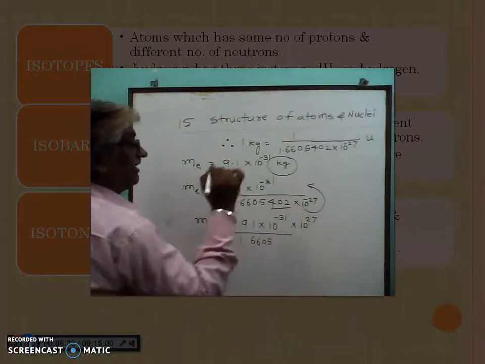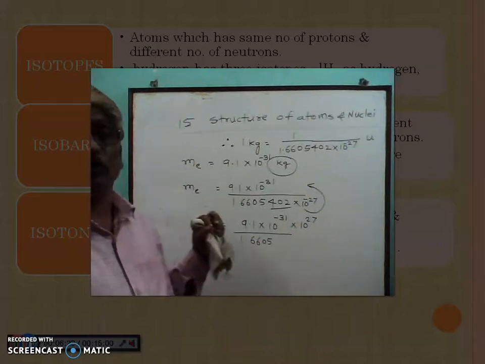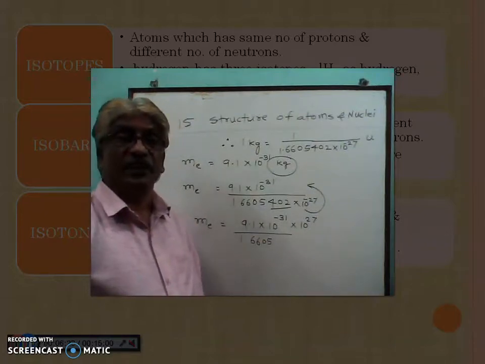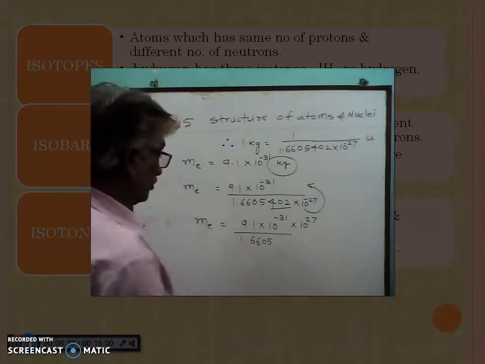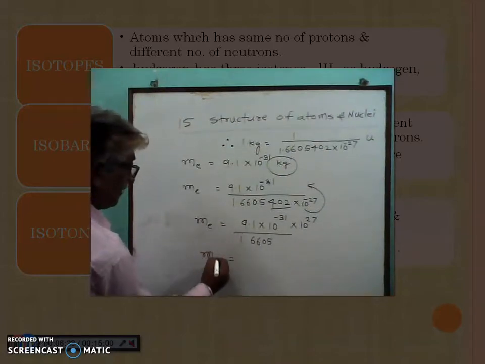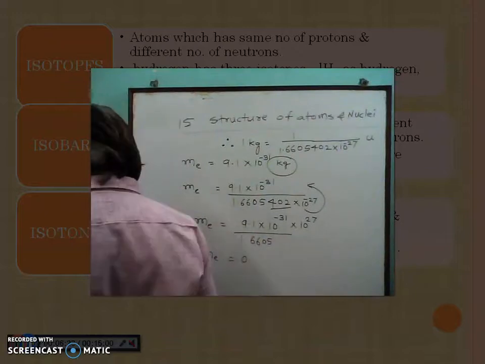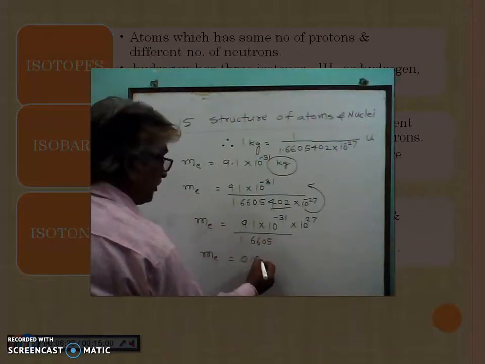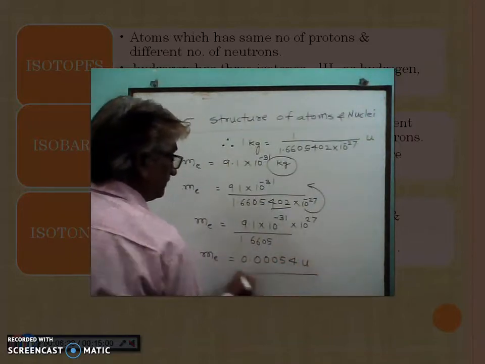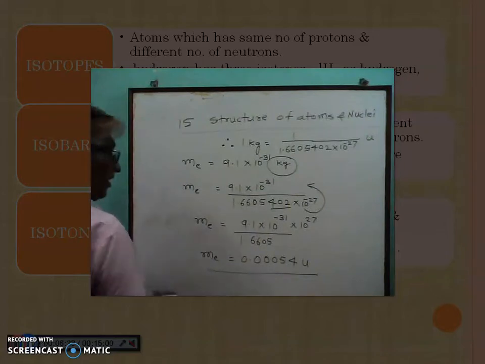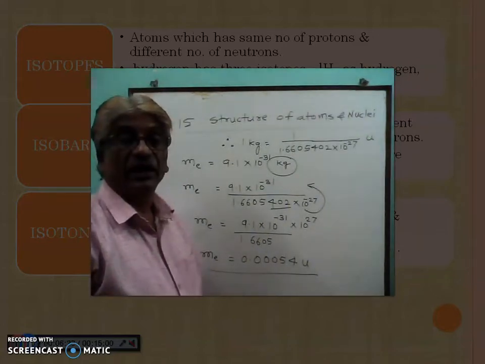If we solve by using logarithm, mass of electron will be 0.00054 unit approximately.